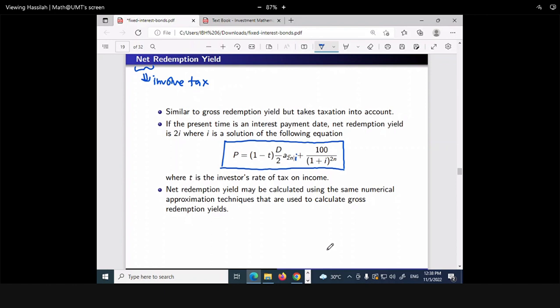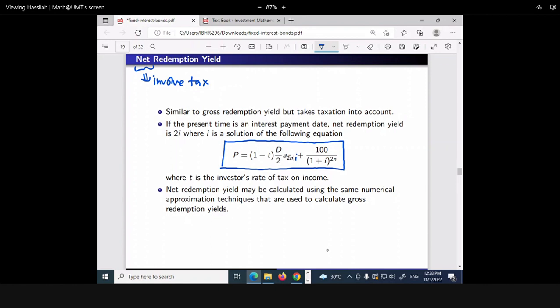Because the tax has to be deducted from it, so that's why we have 1 minus t in the formula. Sebab apa tadi tax tu? The tax is we have to exclude it so that we can know the net relation, means the net profit.